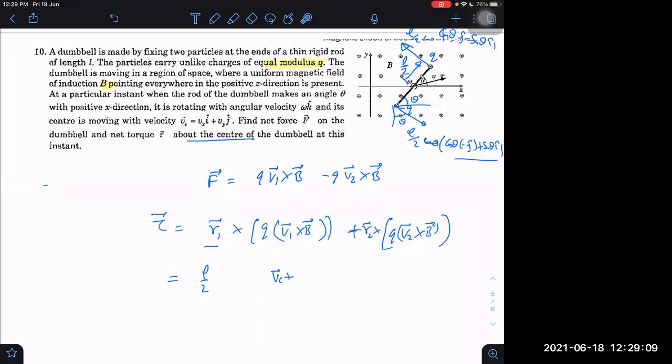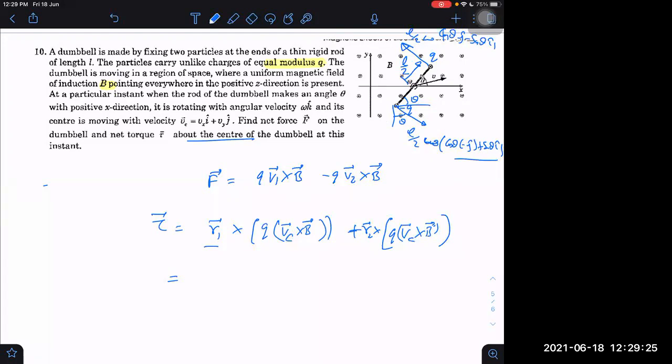So torque is only because of which velocities? Translatory velocity only. We can directly analyze it. So if I have to find torque, I can simply get away with these values of V1 and V2, and I can simply write it as VC and VC only.